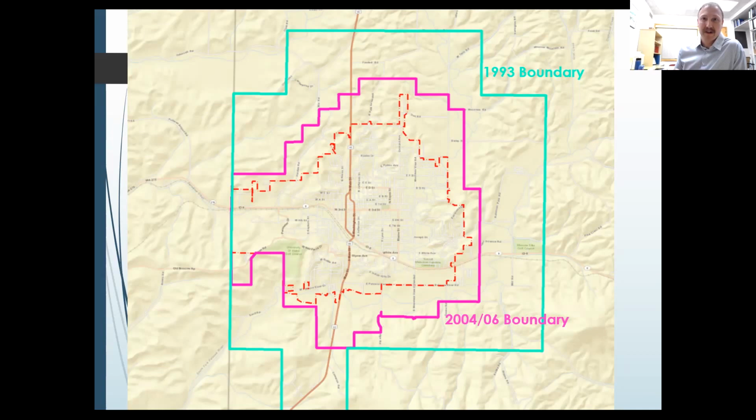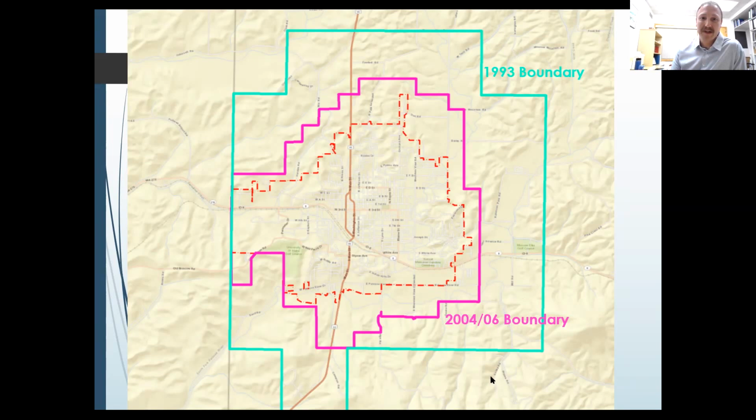I thought that this was a good image to indicate the likelihood of areas being annexed in the future. You're looking at the current city limits boundary at the time, and the teal colored boundary that existed in 1993, and reasonably expecting that in 10 years we're going to double in size to that area? Probably not. So it was reduced in 2004, 2006.